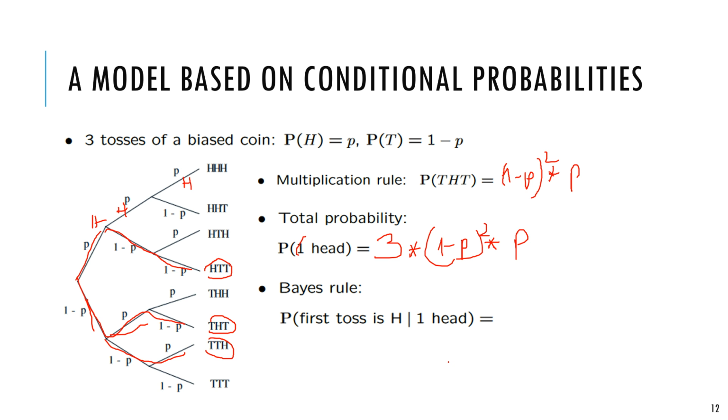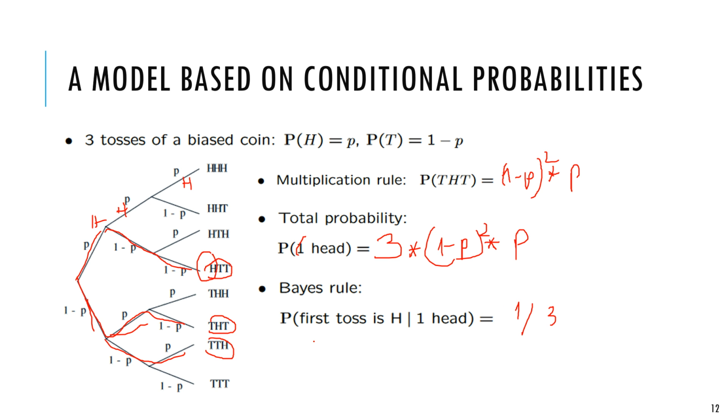The Bayes rule: the probability that the first toss is a head, given 1 head. First toss head is just only this, and so we can easily know it is 1 toss.